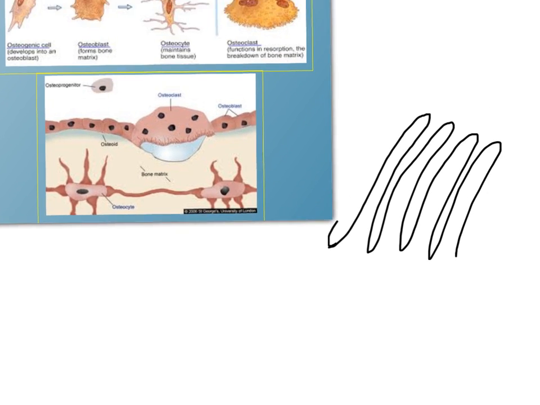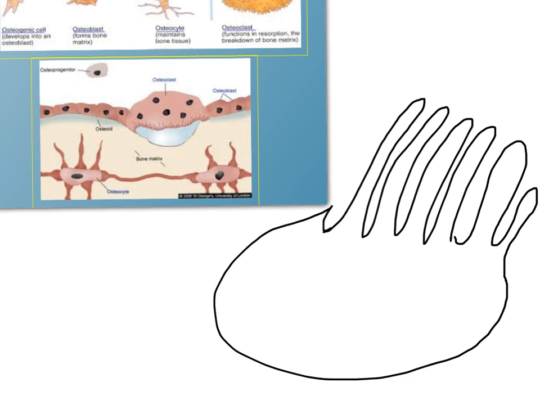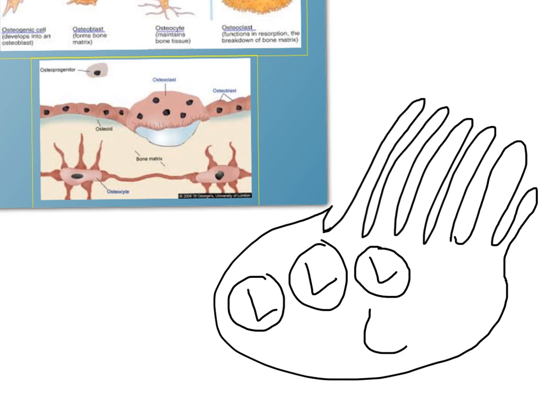And the cytoplasm here shows multiple lysosomes, as they secrete these lysosomal enzymes to cause resorption of the bone, in addition of course to the Golgi apparatus and mitochondria. But the very important feature is the presence of the ruffled border in the form of microvilli, and the cytoplasm is rich in lysosomes.